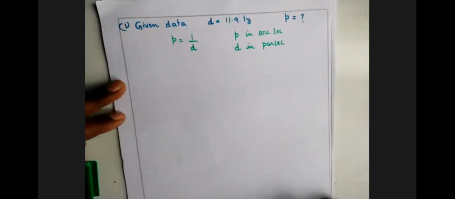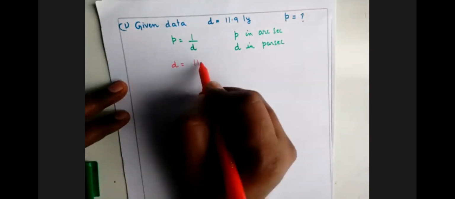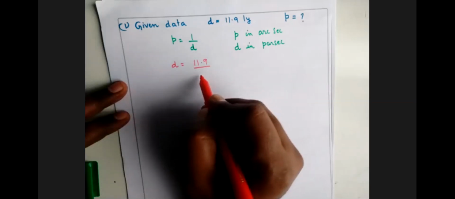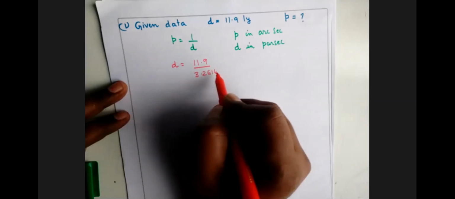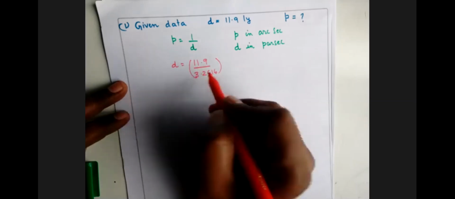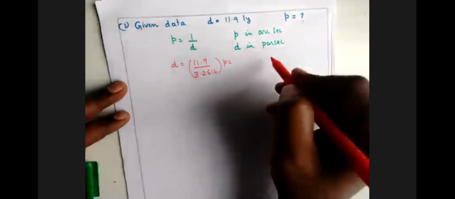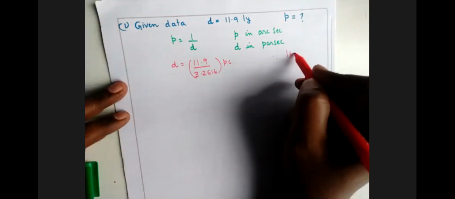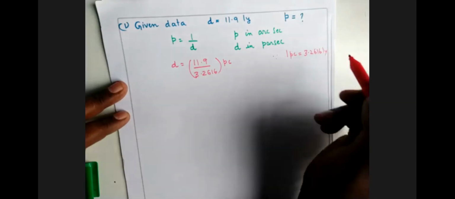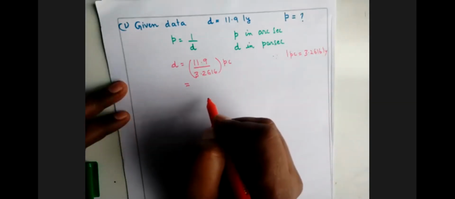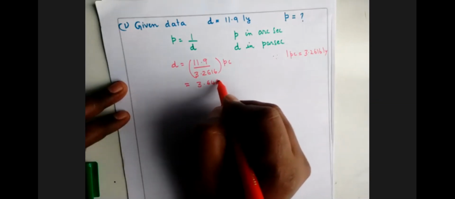So first convert D into parsec. D is equal to 11.9 divided by 3.2616. This gives us the distance in parsec, because you know that 1 parsec is equal to 3.2616 light years. So the distance D is equal to 3.6486 parsec.